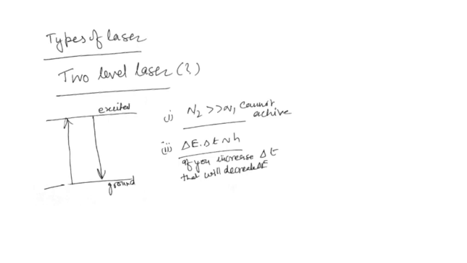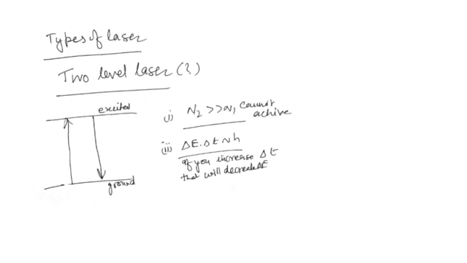The higher level is called the upper lasing level, and the lower is called the lower lasing level. If you have only two levels, then the minimum level is the ground state where the atom lives, and the second is the excited state where you can send your atom by giving some energy. Between these two levels, the laser cannot exist because of the challenge of population inversion.